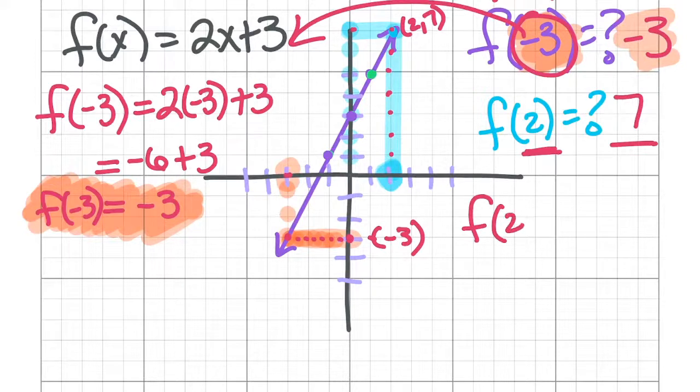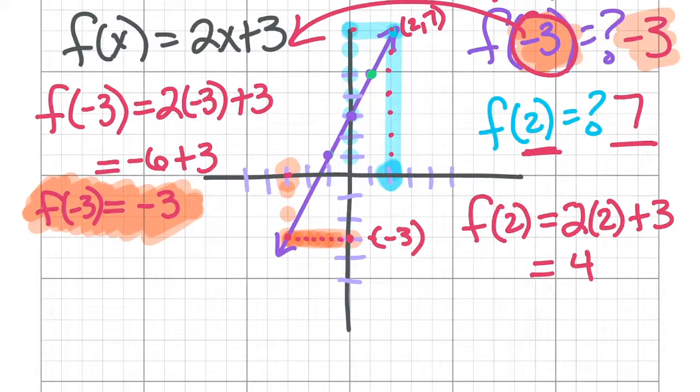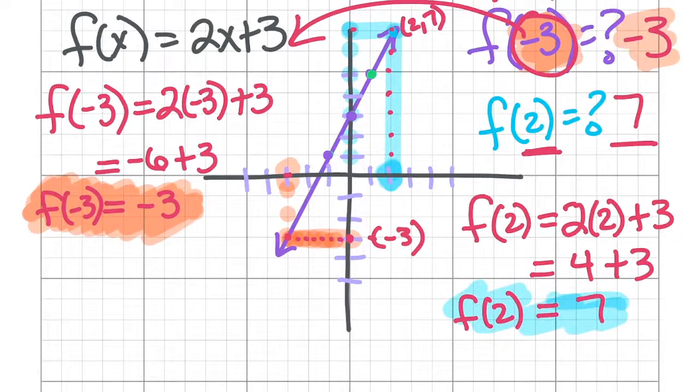F of 2 equals 2 times 2 plus 3. 2 times 2 is 4. 4 plus 3 is 7. So f of 2 is equal to 7. And that's exactly what we see right here. Let me highlight it in a different color for you. This is how you read a graph by looking at it. Okay?